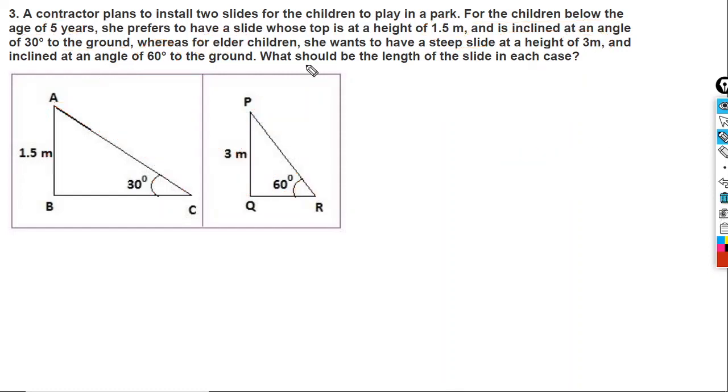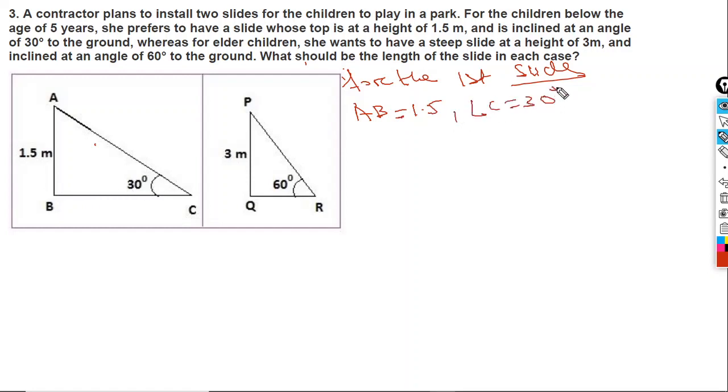Let's start it. For the first slide, here what are given? AB equal to 1.5. Who is AB? AB is the height of the slide, right? And angle C equals 30 degree. Now, what we have to find? We have to find the length of AC. So, if we write sin 30, it will be AB by AC.